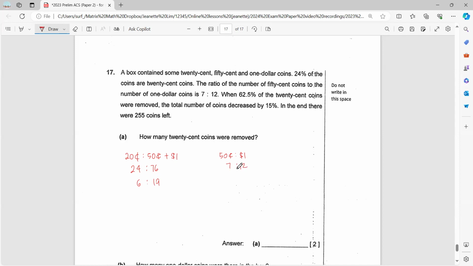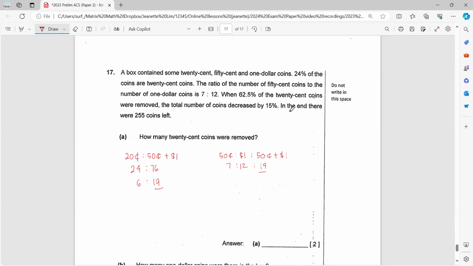So the common base is actually the total of 50 cents and $1 coins. Please don't write total, but write 50 cent plus $1, because total assumes that it includes 20 cents, but over here it doesn't. So, okay, done. 19 units is the common base.